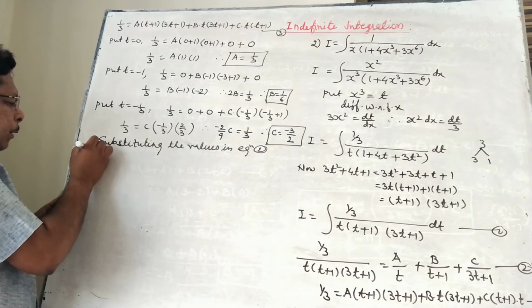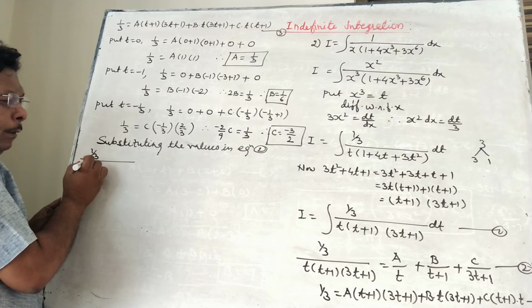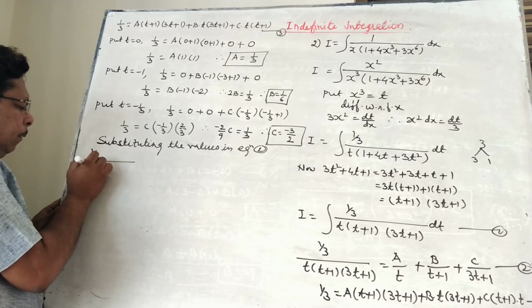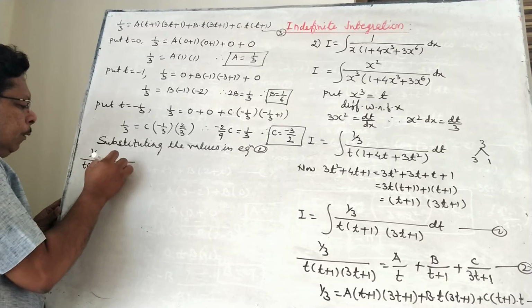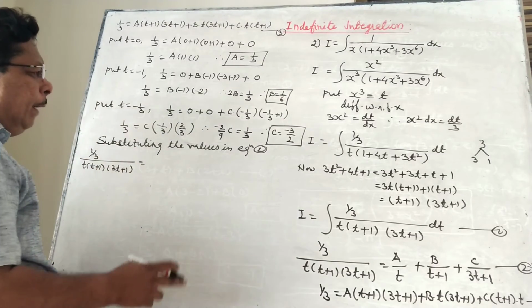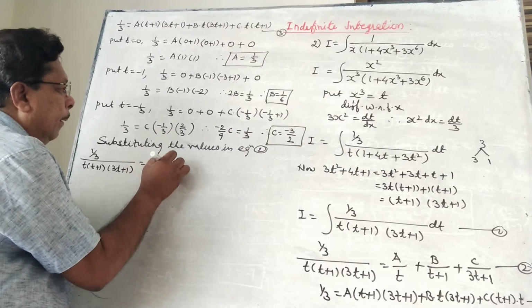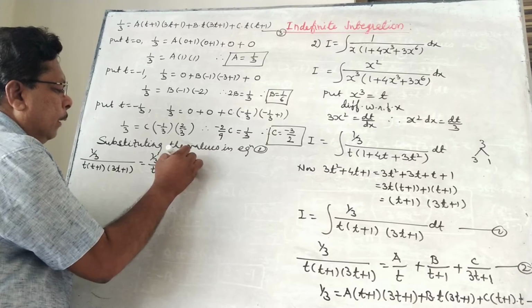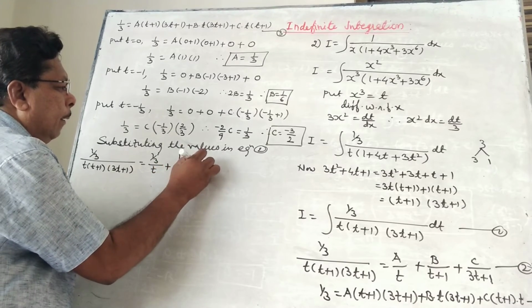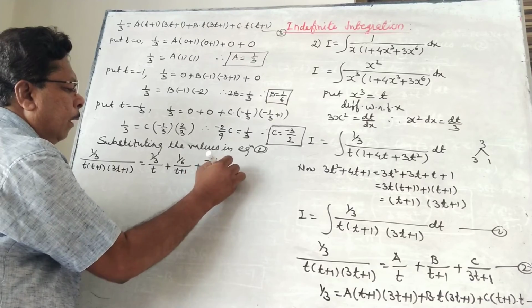Equation 2 becomes 1/3 upon t into t plus 1 into 3t plus 1 is equal to a upon t. What is a? 1/3 upon t plus b is 1/6 upon t plus 1 plus c is -3/2 upon 3t plus 1.